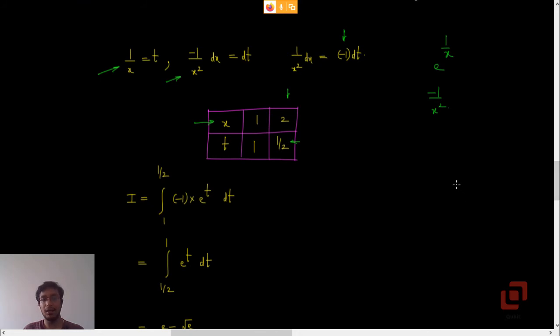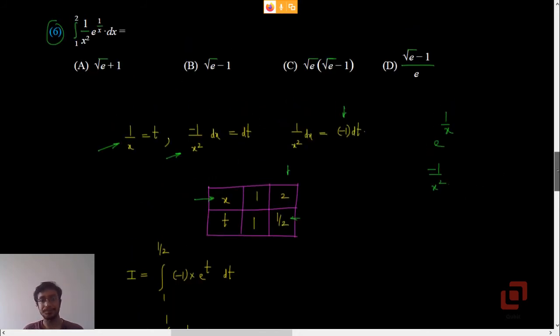Rewrite the given integral using the new variable t. Okay? Pay attention. E raised to 1 upon x will be e raised to t, and 1 upon x squared dx will be minus 1 dt.